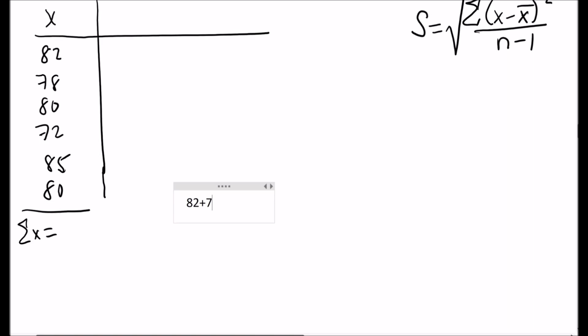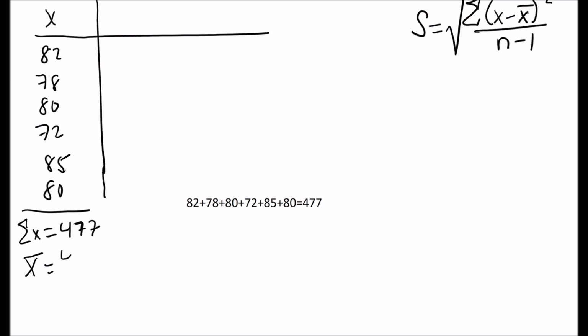Let's do that real quick. So our total is 477. And so our x bar is 477 divided by 6 serves. So we're going to divide that. 79.5. Okay, so that's our average of 79.5.